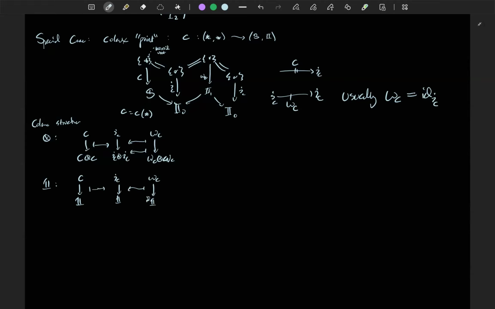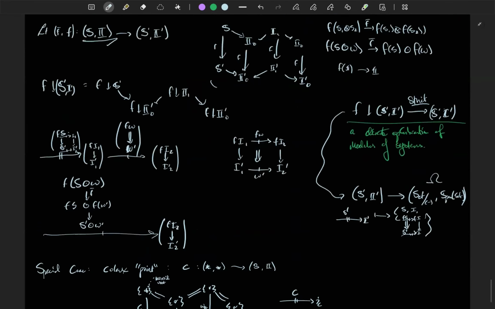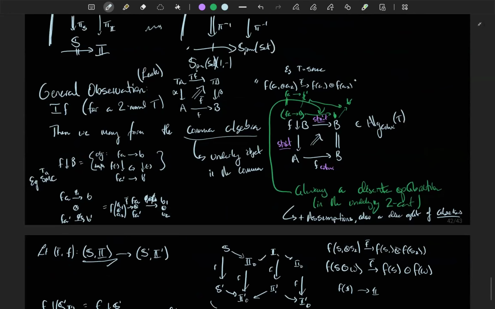And these form a comonoid structure on all of these things, living over all of each other. What does that mean? Well, I haven't talked about it, but there are some rules to this colax algebra. It's not just a two-cell like this.